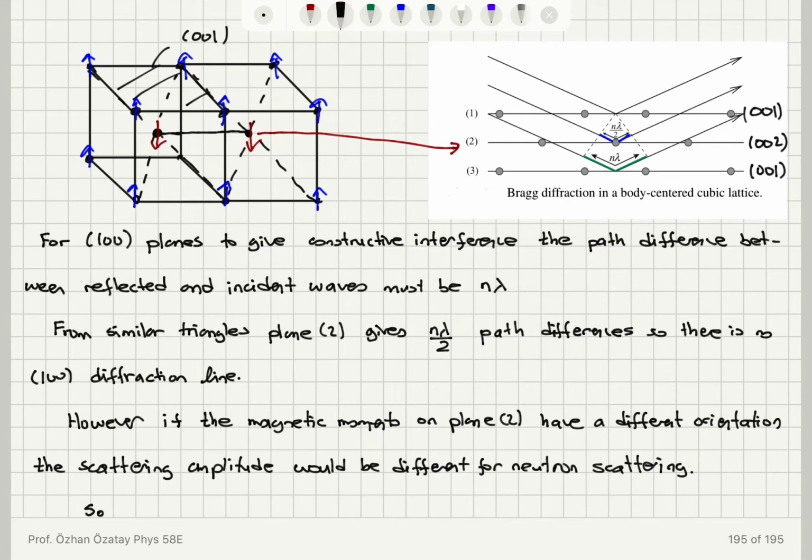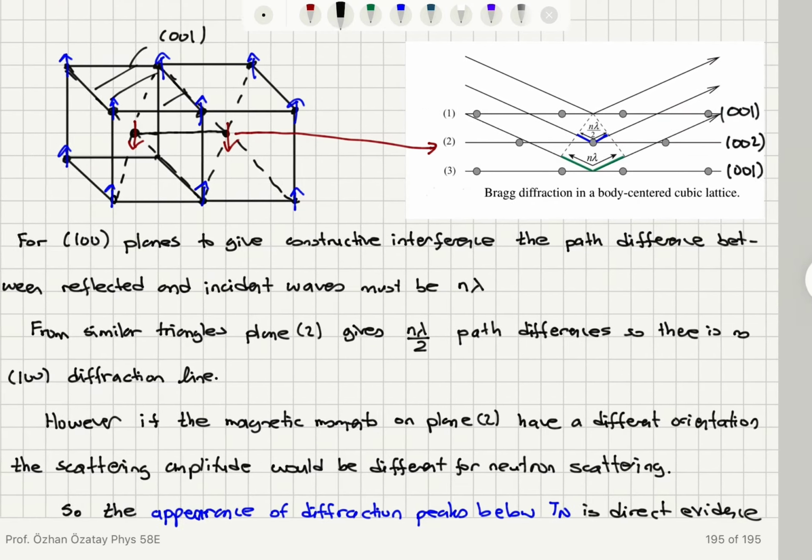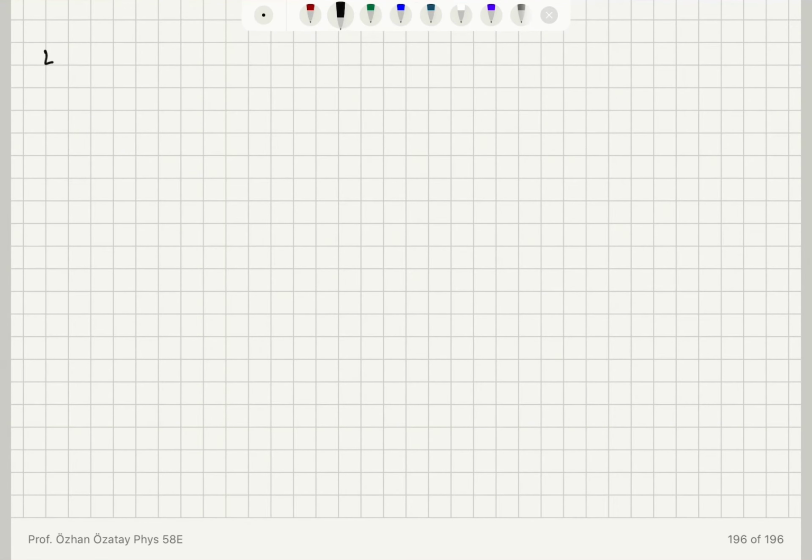So if you look at this structure and you see the appearance of diffraction peaks below the Néel temperature, below Tn, this would be direct evidence in a BCC structure of antiferromagnetism.